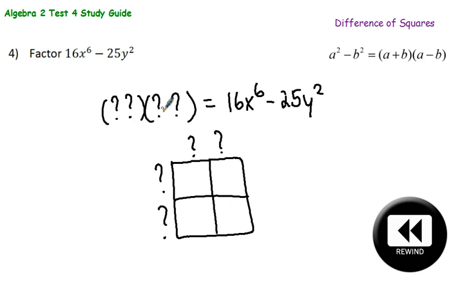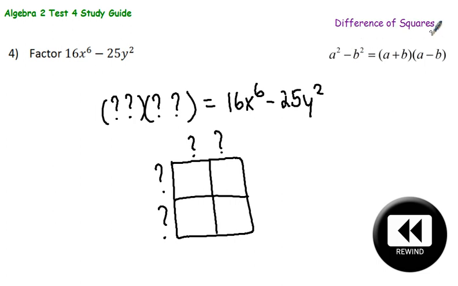Now, there's a couple different ways we can go about this. This particular standard for us in Algebra 2, we wanted to be able to notice a certain type of pattern, and then thereby there would be a shortcut way that we could go about doing this. And if you look at the top right over here, this particular type of pattern is called the difference of squares.